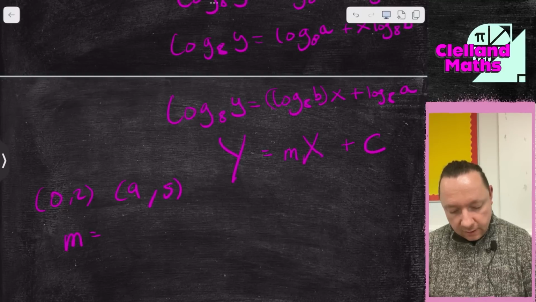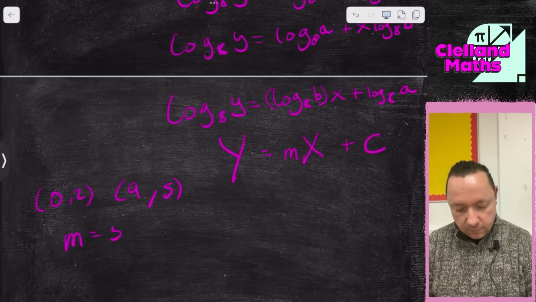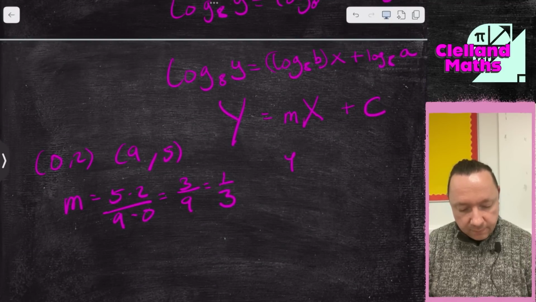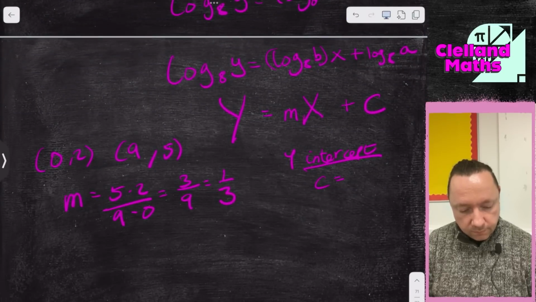So our gradient is y2 minus y1 over x2 minus x1, 3 over 9, which is a third. And then our y-intercept, since we're given it in the question, is c equals 2.